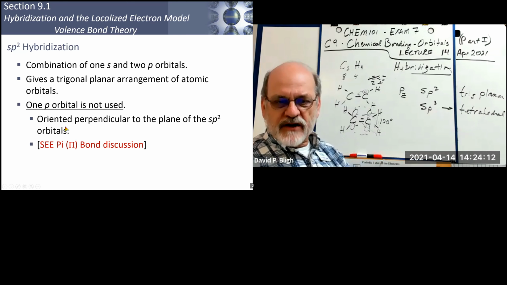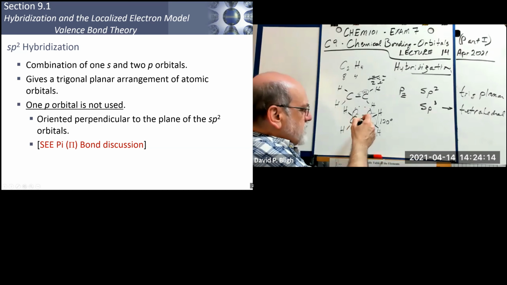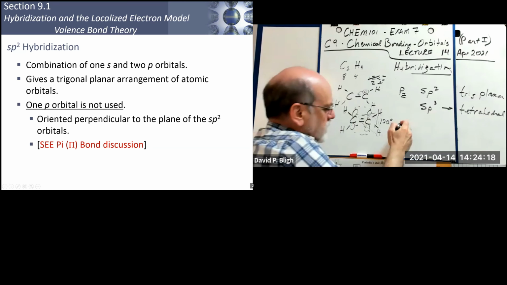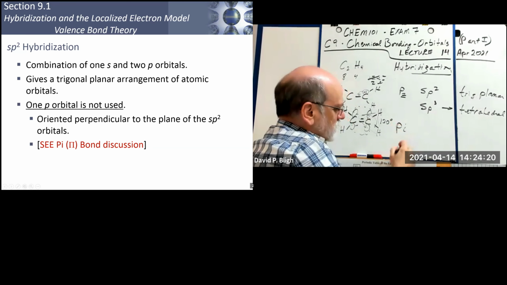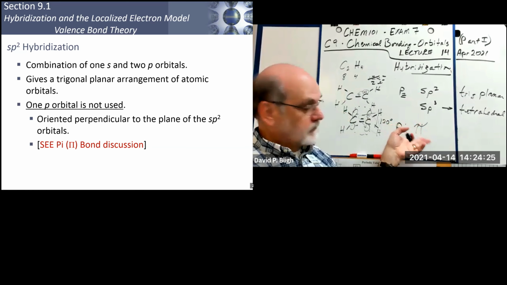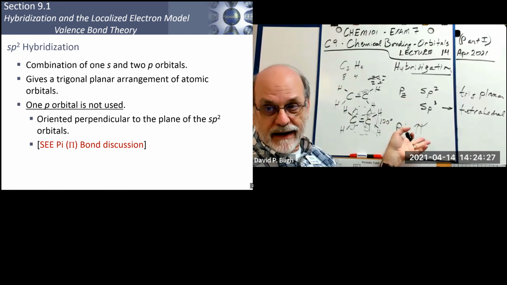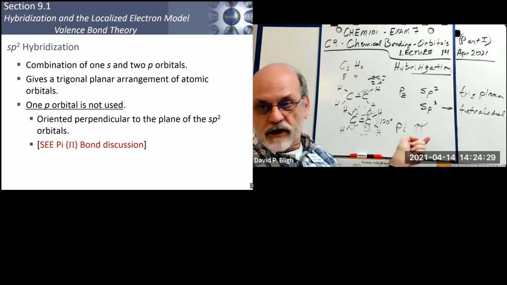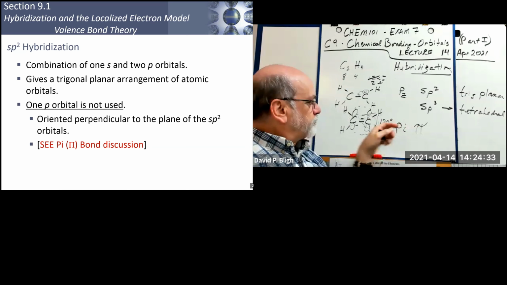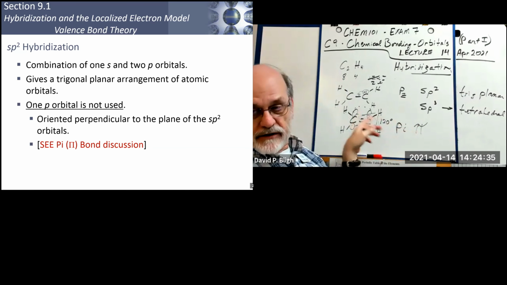Okay, we've got a special name for this bond. This double bond, that extra bond there that was formed, that's called a pi bond. Like this, right? The Greek letter pi. It's the same one used in the area of a circle, pi r squared. But here it means an extra bond.